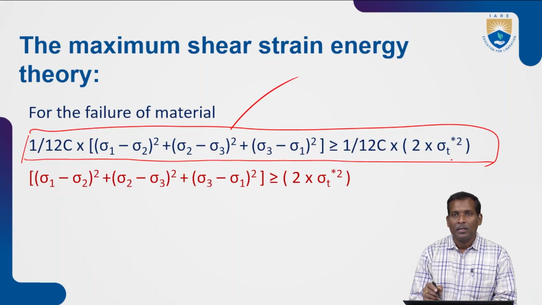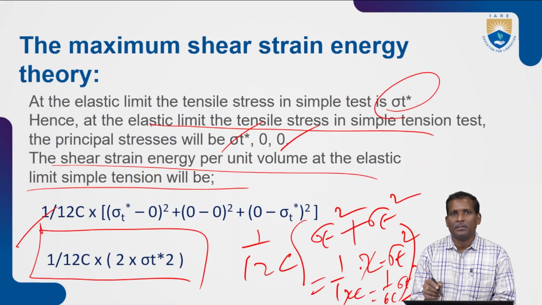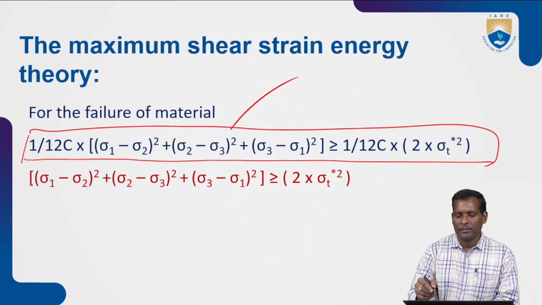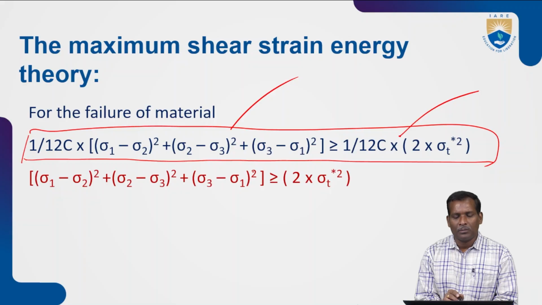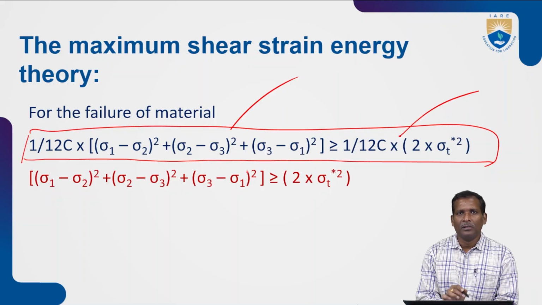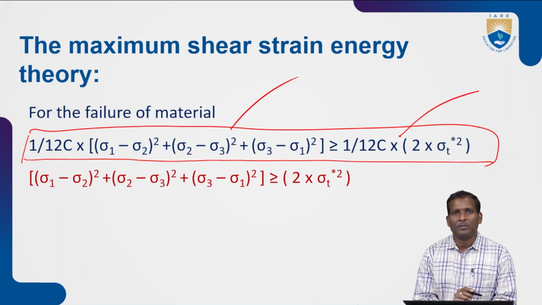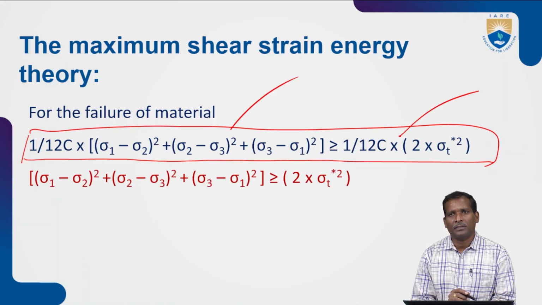This is the strain energy per unit volume at the elastic limit in the simple tension test that we have already calculated. For failure, whenever the maximum strain energy per unit volume is greater than or equal to this tension test strain energy, the component will fail.